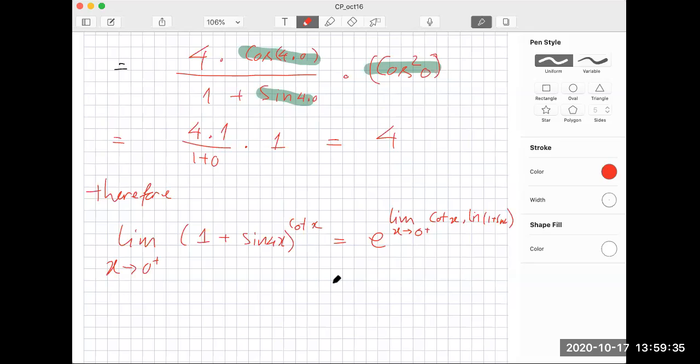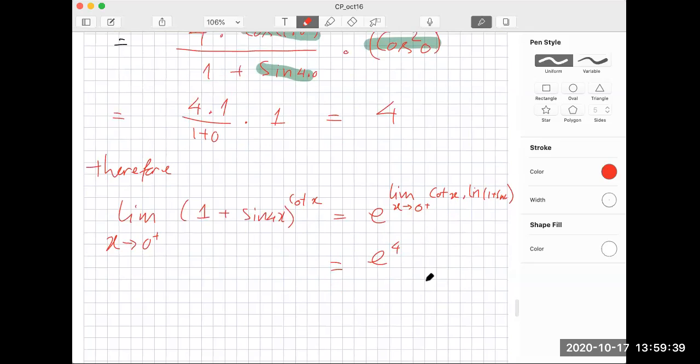And we just found it here, which is e to the 4. Then this is our solution, because the power here we just computed previously.